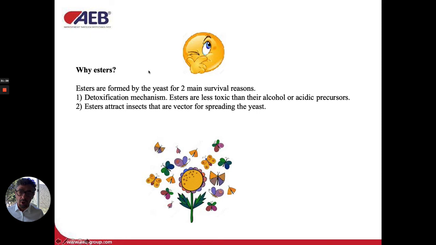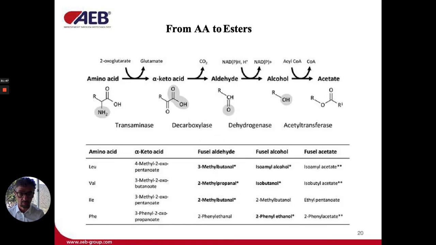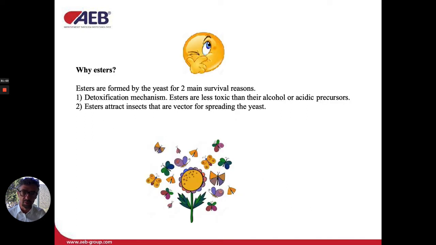Again, we're not trying to manipulate wines. Here is the yeast that is trying to do something for itself. First of all, because in the pathway it gets to an alcohol, and the alcohol is always a little toxic for microbes, it likes to do a detoxification mechanism where the alcohol becomes an ester, which is less toxic.